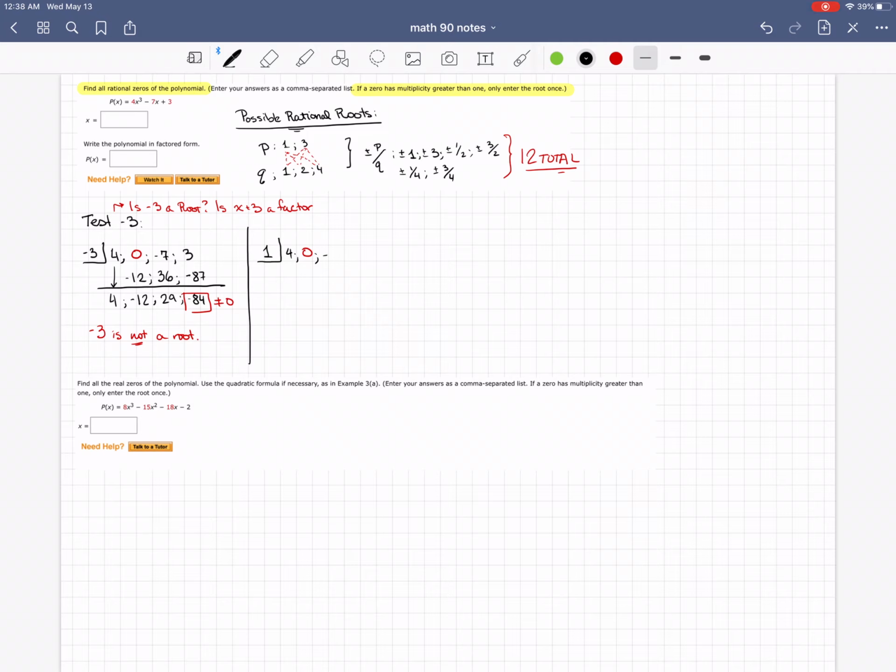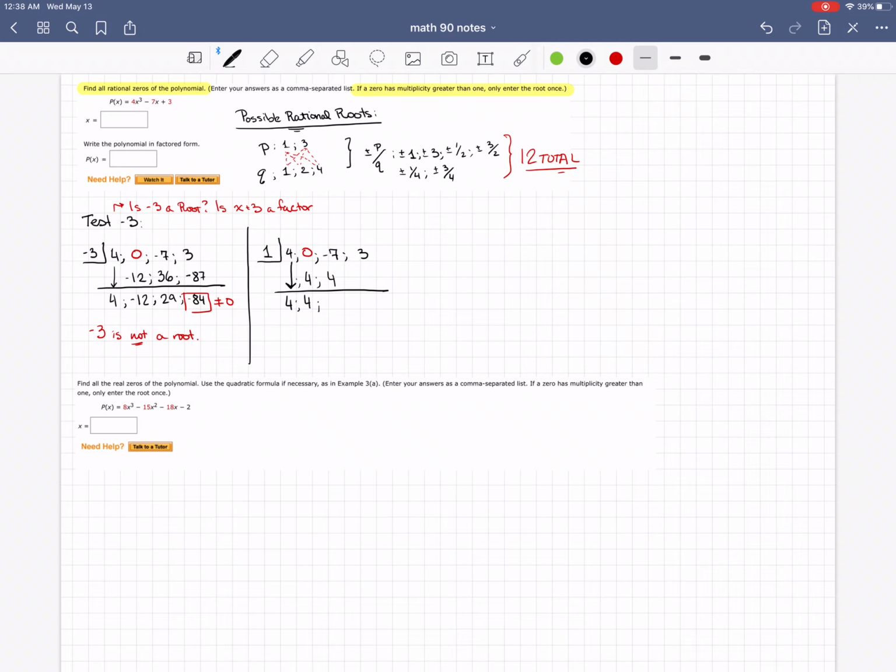All right, there we go. Okay, so watch how this goes. This might be our first time getting a remainder of 0. So the 4 drops down. 4 times 1 is 4. 0 plus 4 is 4. 4 times 1 is 4.